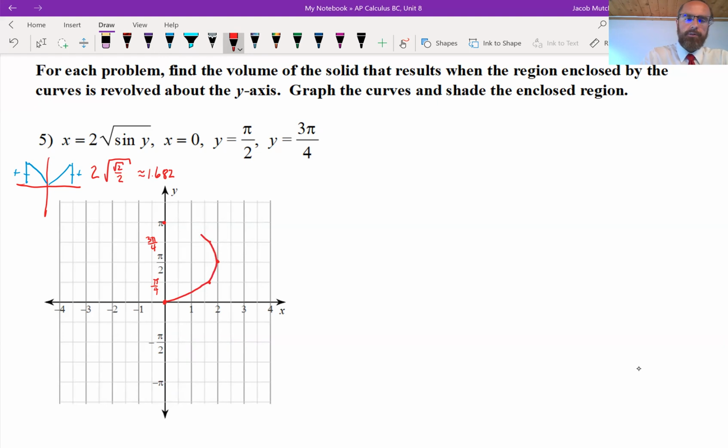Now, because we're really looking at a composed function, or a composed relation, sine of y under the radical, there's no graph to the left here because I can't take the square root of any negative values. And sine becomes negative past pi.